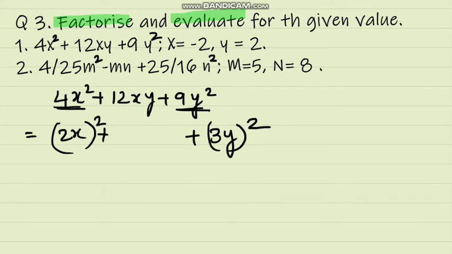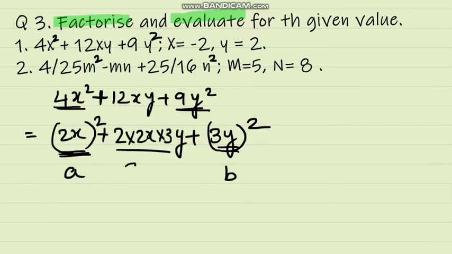Now let's see, if we are taking this as a and this as b, it is coming a square plus b square and the middle term is also positive. So let's see if it is 2ab, 2 into 2x into 3y. Is it coming to be a square plus 2ab plus b square? 2 into 2, 4, 4 into 3, 12.